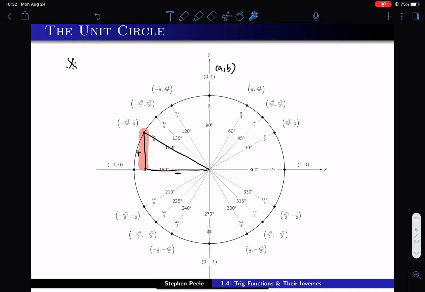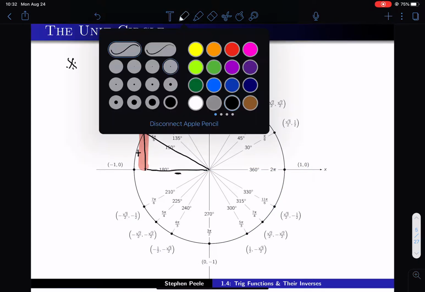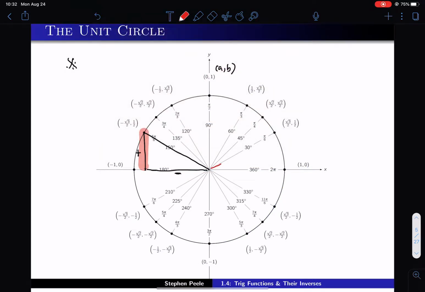Okay, so first let's try to use this one to see what it means for this specific triangle. You can see from here, it is 30 degree. That means this angle is 30 degree, in other words, it is just a pi over 6. Okay, so we are going to use this triangle.